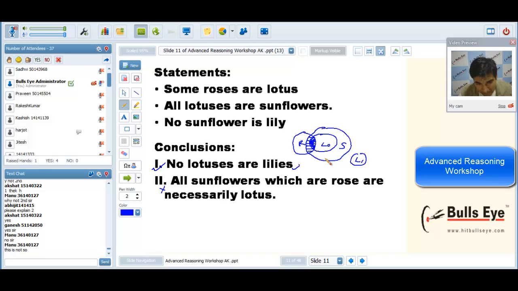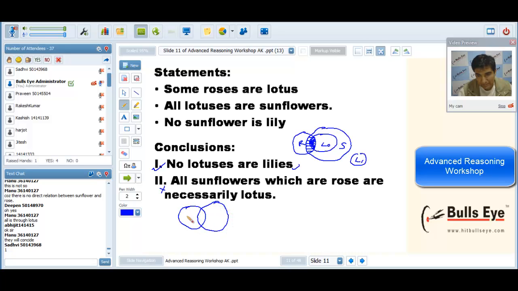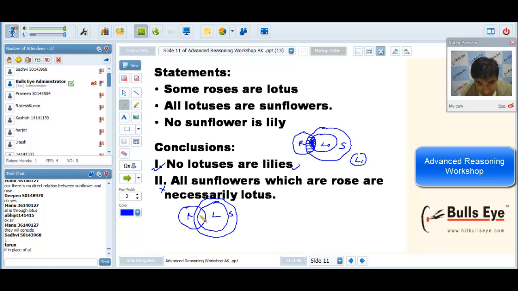Yes, Manu? Manu, why is all through lotus? Because I have drawn this area clearly. I'll draw it once again. You understand this? Some roses are lotus. All lotus are sunflowers. So sunflower is a bigger area. So I have two parts in this. They generally do not coincide. They can or they cannot.